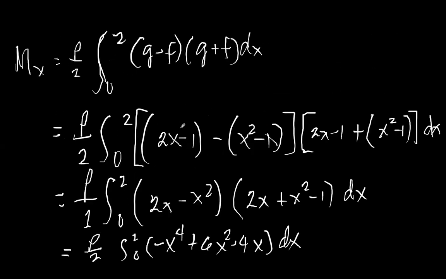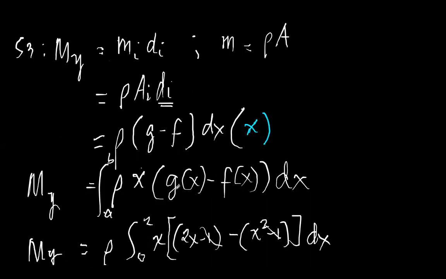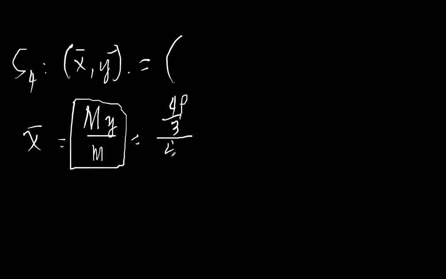The area is 4 over 3. Again, the area is 4 over 3 times the rho, because that's the formula for mass. Mass is rho times area. So 4 rho over 3 over 4 rho over 3 is just equal to 1.